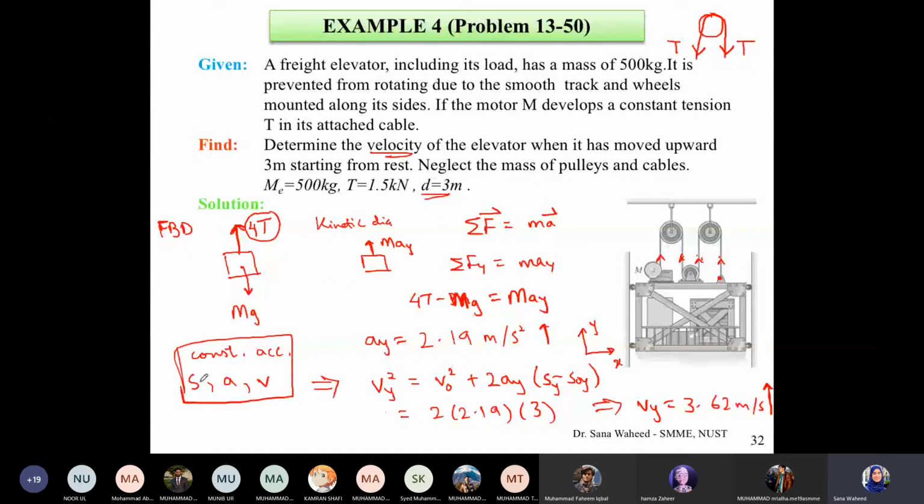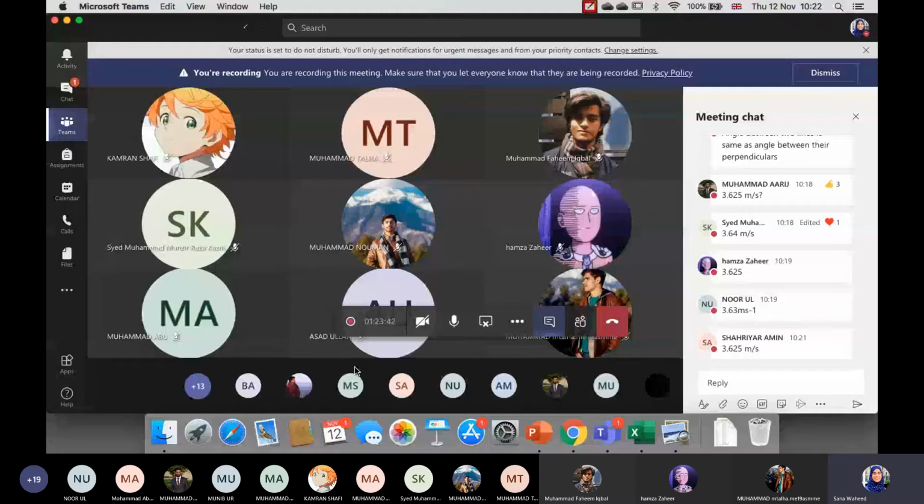Which physical properties am I concerned with? I'm given the distance, that I've traveled 3 meters. Acceleration I've found out. And I'm trying to find the velocity. So I must have one of those kinematic equations that relates these three for the case of constant acceleration. So I just jumped directly to using that expression. Okay, so straightforward.